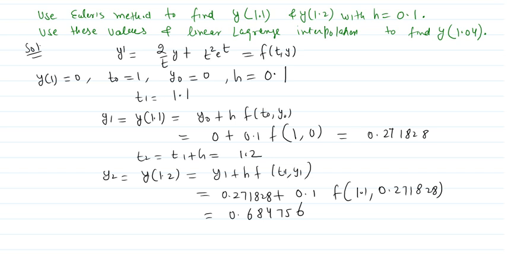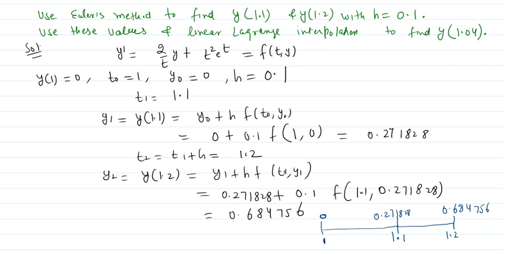Now I come to the second part. Say this is one initial point, I know the solution y0, which is 0. Say this is 1.1, I know the solution, that is 0.271828. Then next point 1.2, I know the solution 0.684756.